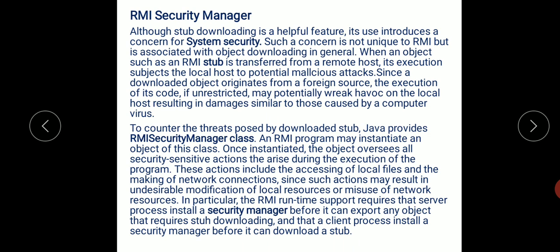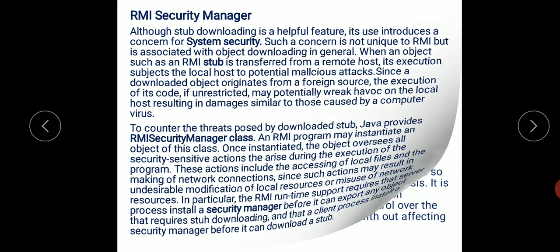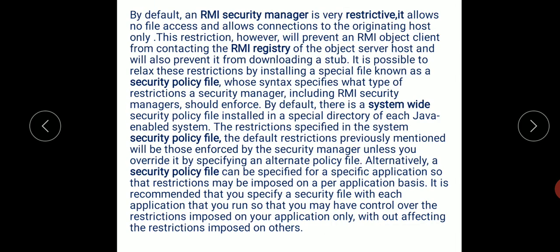To prevent that, there is a security manager class, the RMI security manager class. So the client needs to install the RMI security manager. But it is so restrictive that it will not allow your client to access any remote host, so that it is unable to download the stub file from the remote host.